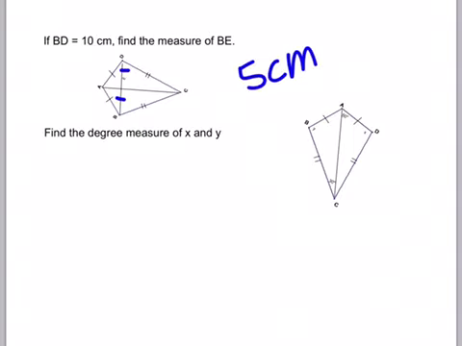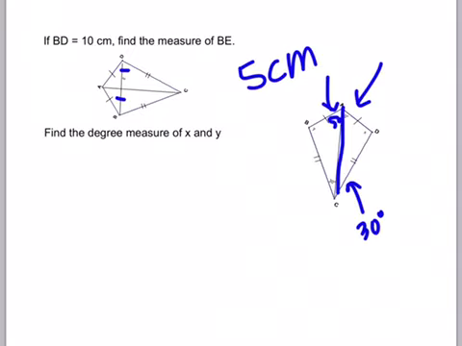Find the degree measure of X and Y. I know that these angles are bisected, which means I'm dealing with 50 and 50. And down here, I'm dealing with 30 and 30 degrees. I also know that a quadrilateral is made up of 360 degrees.